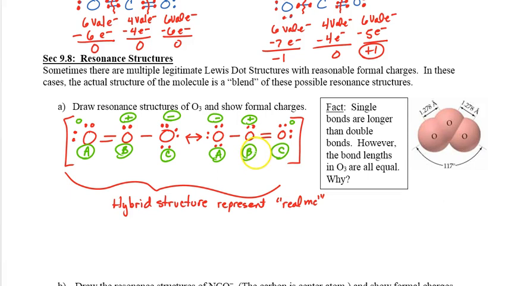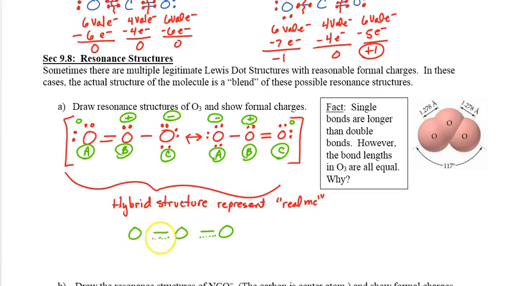And so what happens is you end up getting a structure, and you can try to draw it, where you have a partial double bond on each side. So, you know, it's half double, half single. So we're going to have it be a 1.5 bond. It's in between a double and a single bond there.